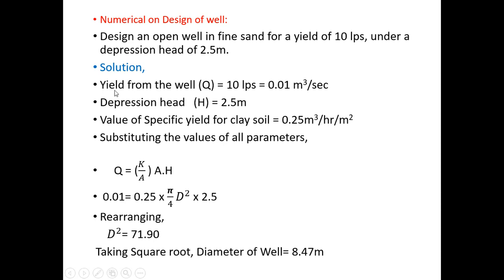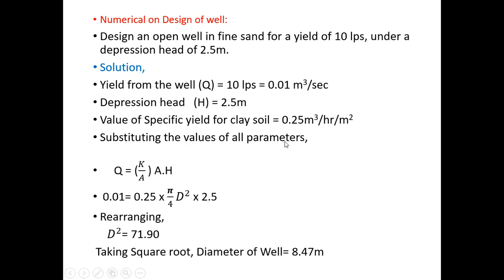So now coming to the solution, yield from the well Q equals 10 LPS. It is given in the numerical and it will be equal to 0.01 cubic meter per second. Depression head H, 2.5 meter, is given. Value of specific yield or specific capacity from Marrowett table is 0.25 cubic meter per hour per square meter.